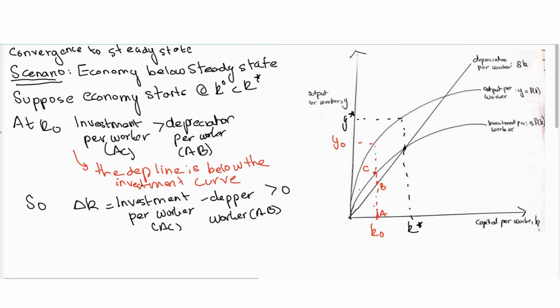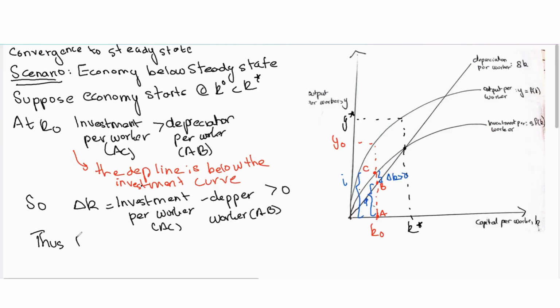This much is depreciation per worker, read from the depreciation line, so this is small d. And A to C is investment per worker, small i. So this is delta K greater than 0. This is the difference between investment per worker and depreciation per worker. So change in capital per worker is greater than 0.